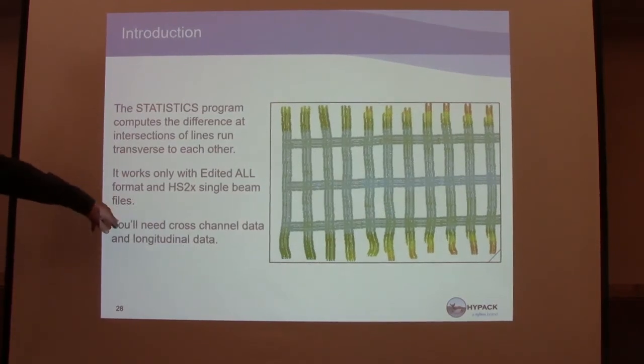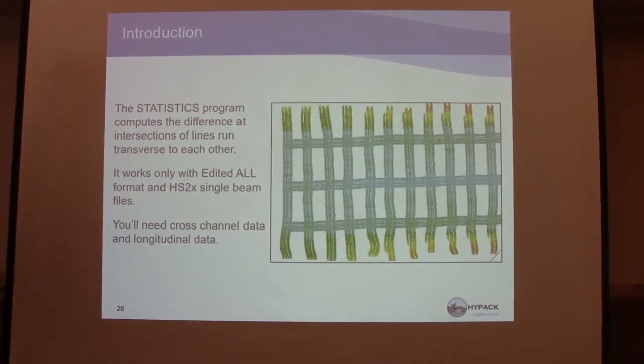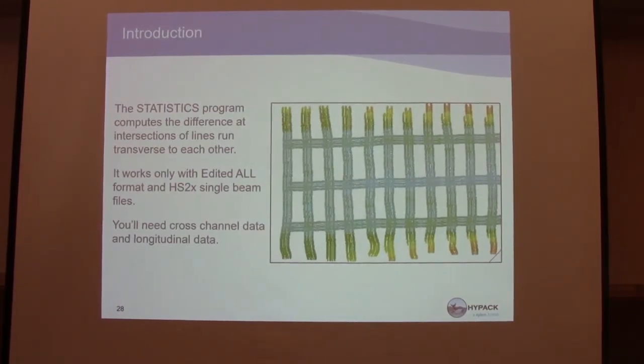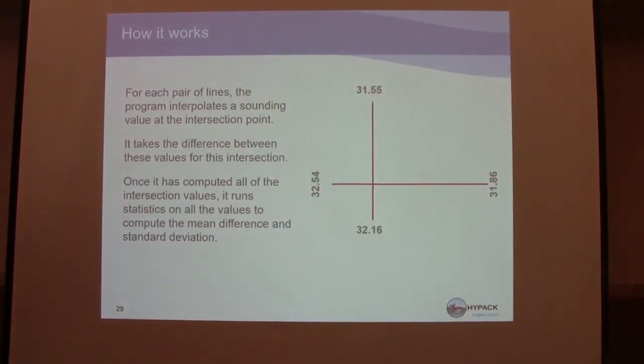You need to have cross-sectional data and longitudinal data. I believe they don't have to be separate log files. I think you just take the entire data set in and it should work, showing your intersections. It's kind of weird the way it works. They've been talking about changing it for years, but it hasn't happened.